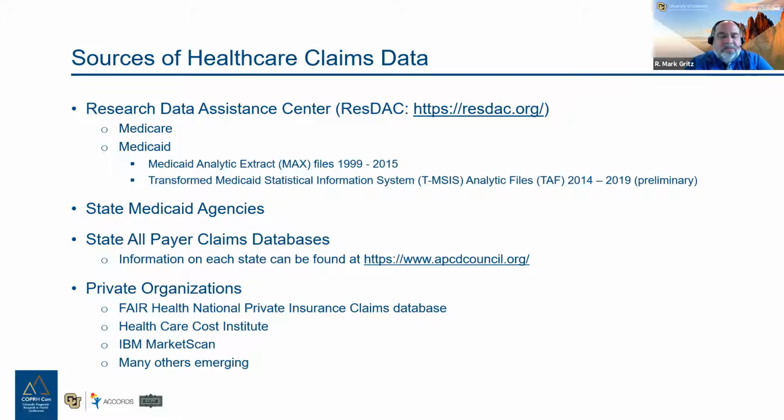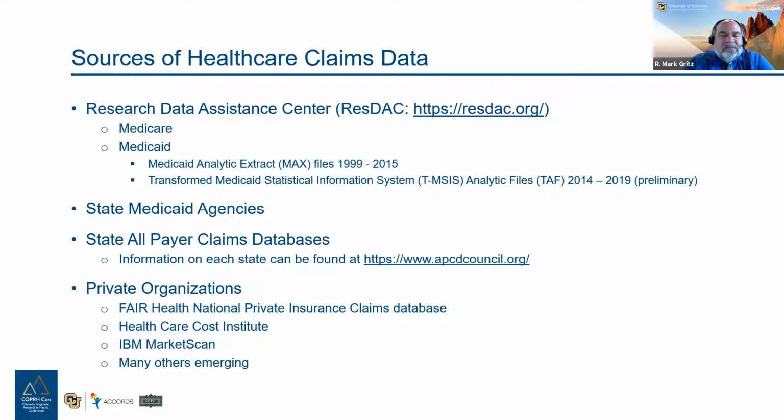That system was in place up until about 2015. They then started, as part of improvements in the data information provided to the federal government from states on Medicaid, a Transformed Medicaid Statistical Information System program, or TMSIS.